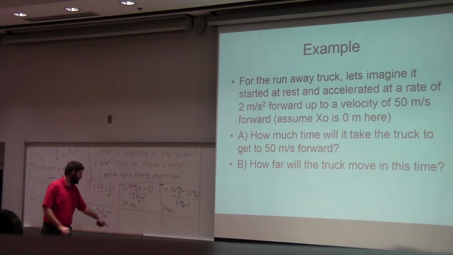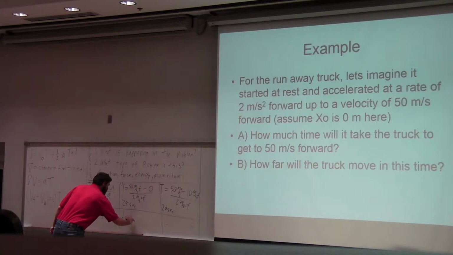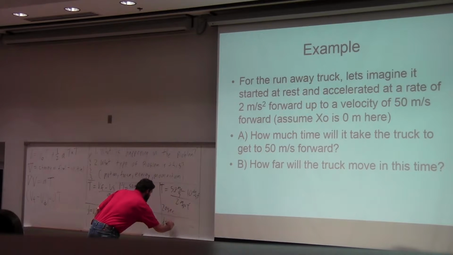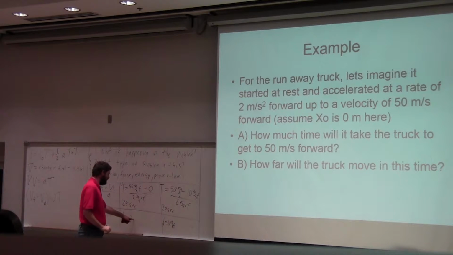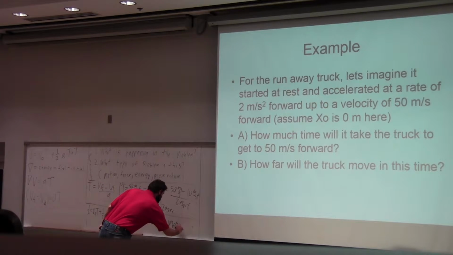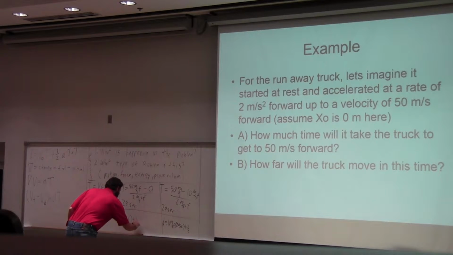So, my initial velocity for this one was 0. For this one, it was 10. I don't have to put in the time for this one because 0 times time is 0. For this one, it was 20 seconds plus 1/2 my acceleration.